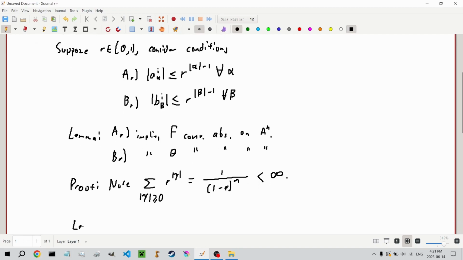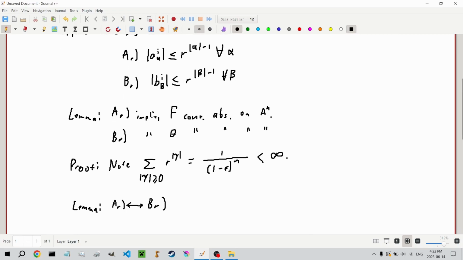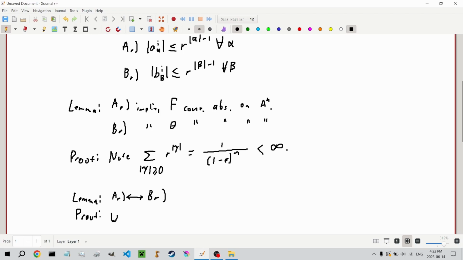Lemma 2 is that condition AR implies condition BR and vice versa. And of course they're obviously symmetric, so we only need to prove one way. So we show that AR implies BR by induction on the size of beta.